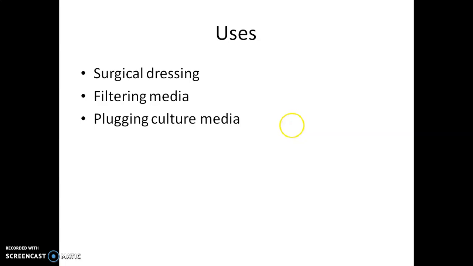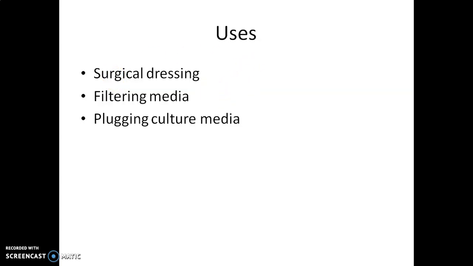Cotton is used mainly as a surgical dressing. Absorbent cotton is used for surgical dressing purposes, as it can absorb blood, mucus, and pus, prevents the wound from further infection, and can be used to cover the wound also.